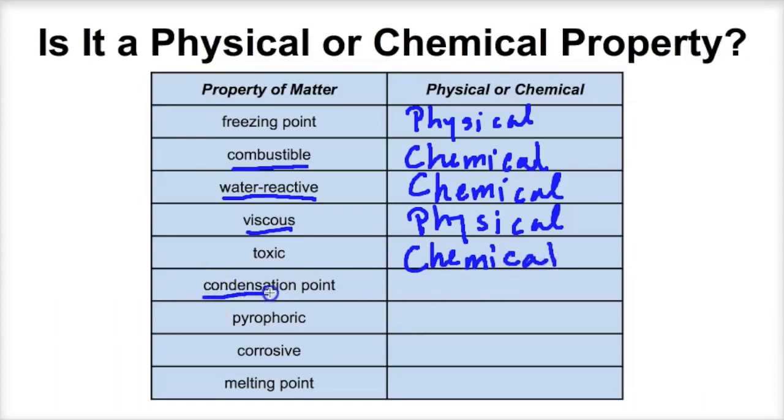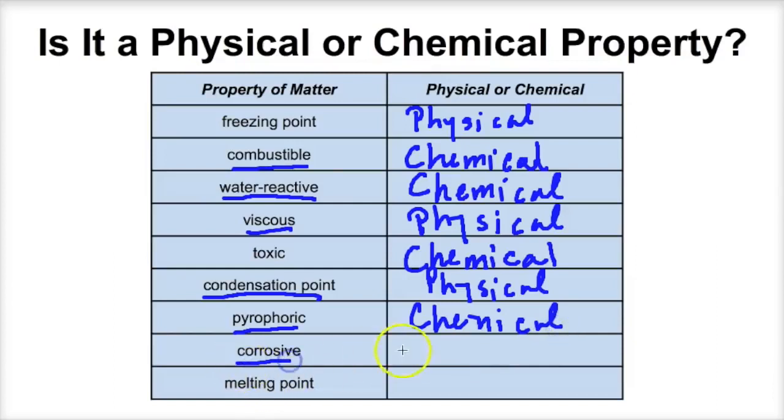Condensation point: if we said that water vapor condenses at 100 degrees Celsius and turns back into liquid, that is going to be a physical property. If something is pyrophoric, that means it ignites in air, that's going to be a chemical property.